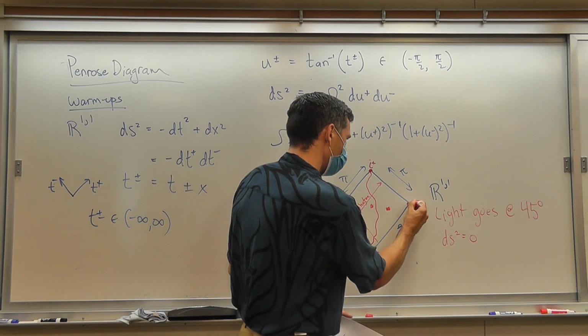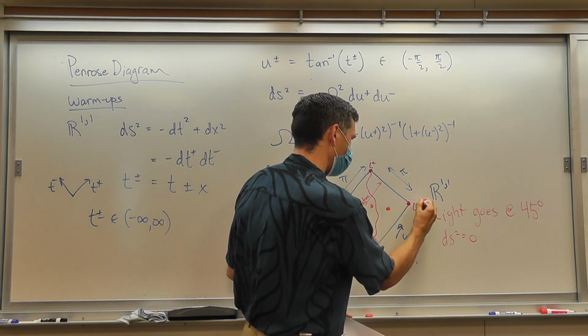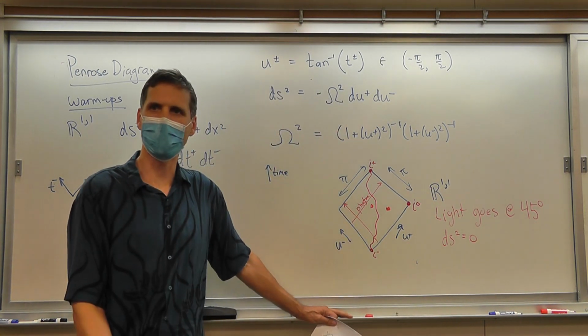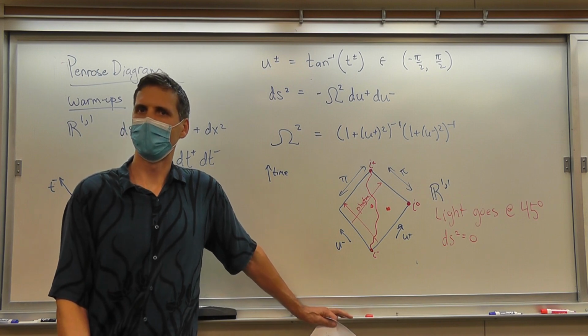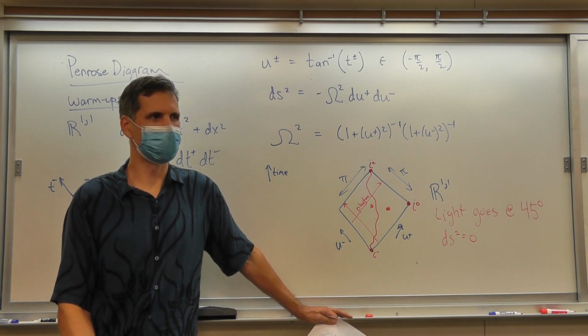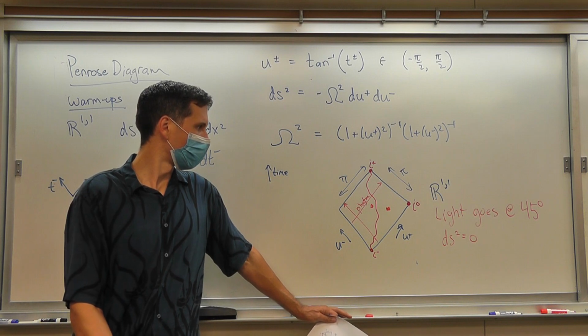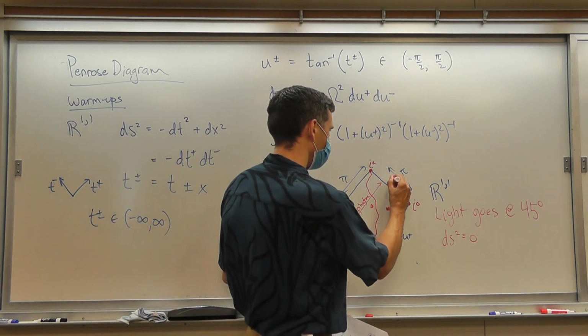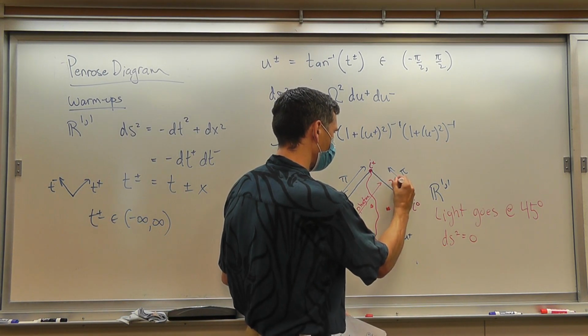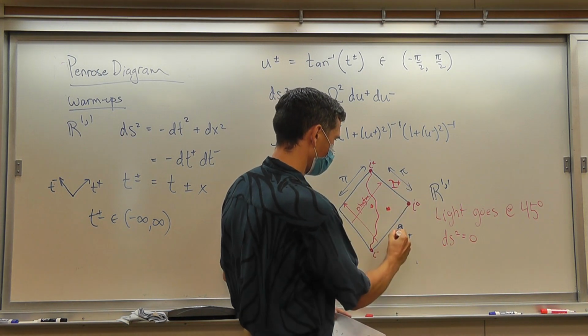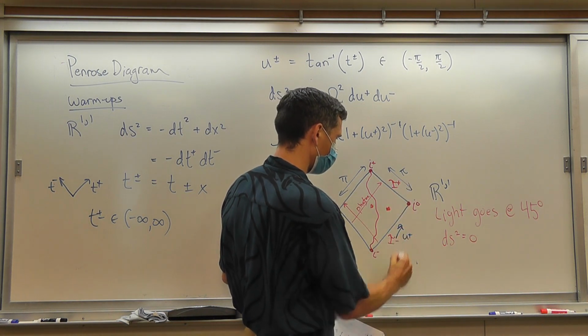This point out here is called I⁰. That's space-like infinity. You can't get there. This line up here is called scri plus. The one back here is called scri minus.